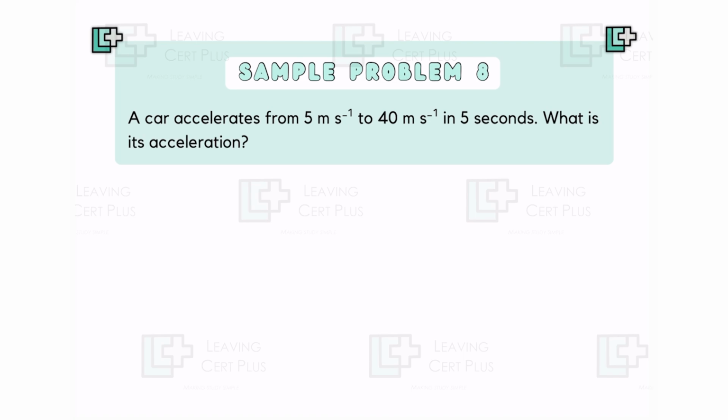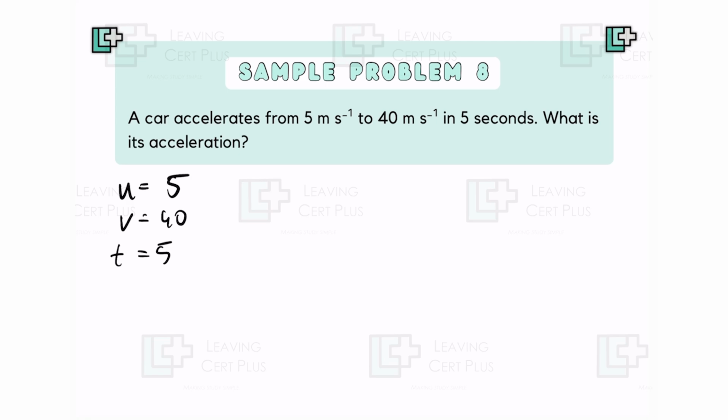Please pause the video and try to solve it on your own using the formula just learned, and then let's take a look at the solution together. Okay, so I have a car, and the car accelerates from initial velocity u equal to 5 to the final velocity v equal to 40 in time equal to 5 seconds.